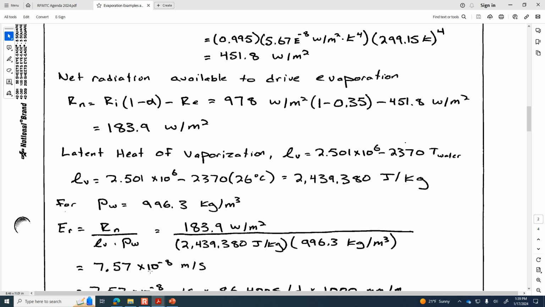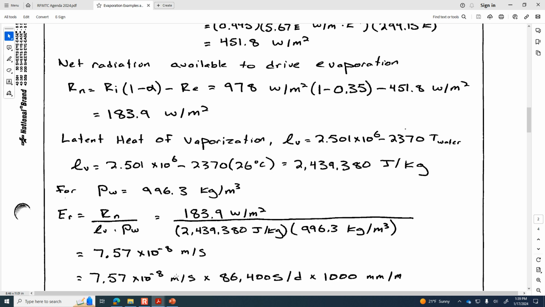It's too small to be anything other than abstract, so if we convert that into how many millimeters per day, what we'd do is multiply by 86,400 seconds per day, and then multiply by 1,000 millimeters per meter.